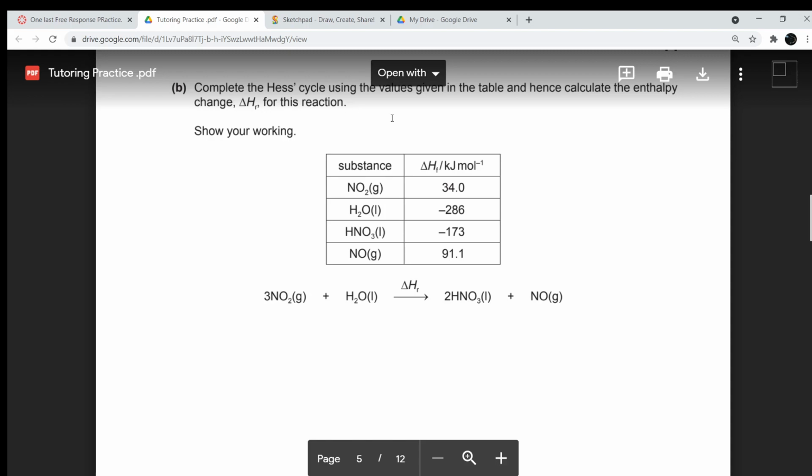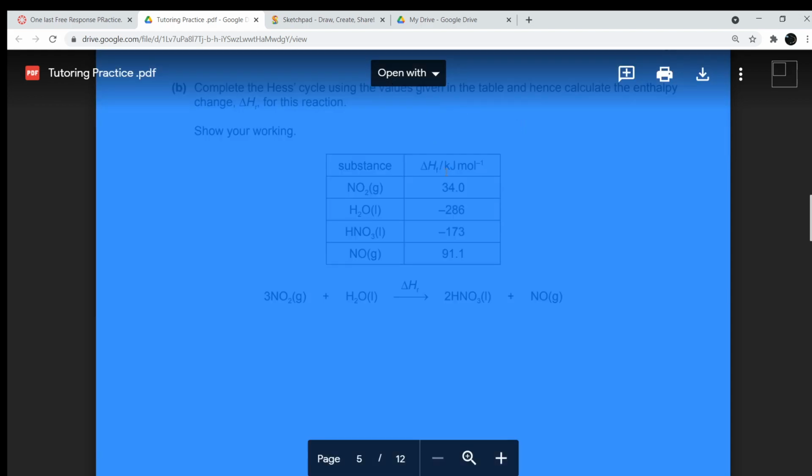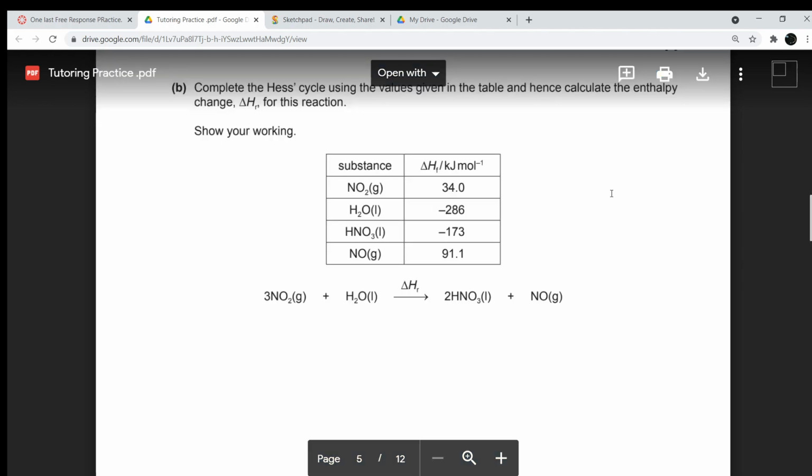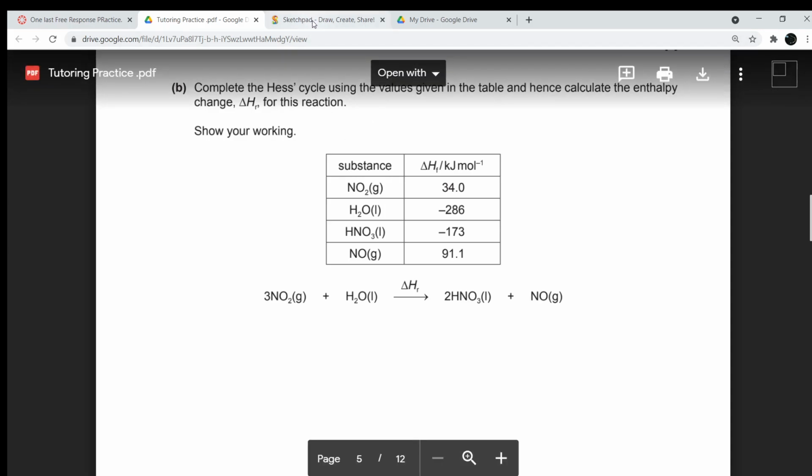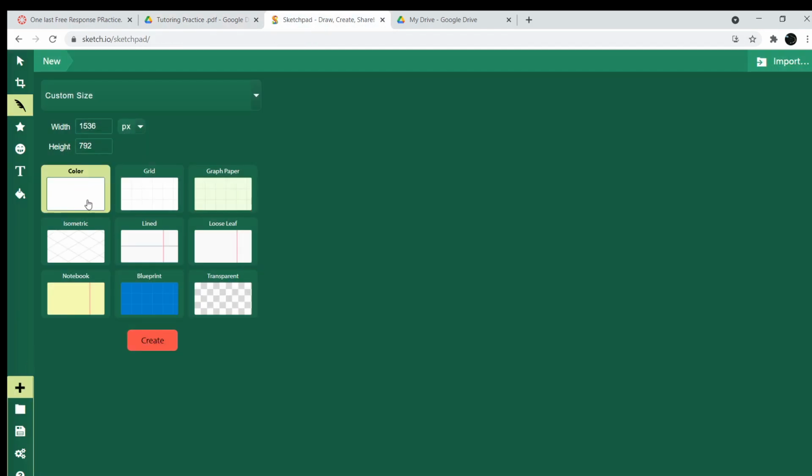Next, it wants us to complete a Hess's cycle to generate the values given, and then to calculate the enthalpy. So what we would have to do is say, for our cycle here, we have 3 NO2 plus H2O.